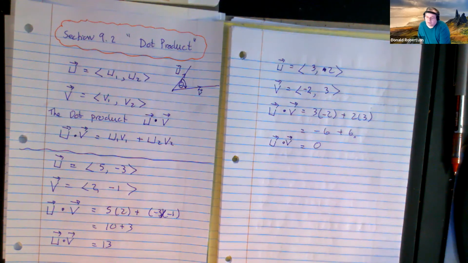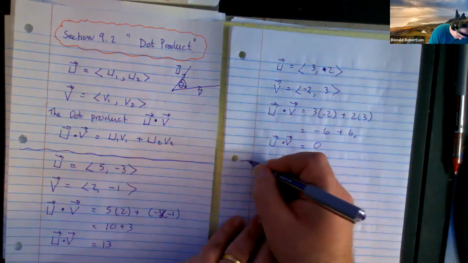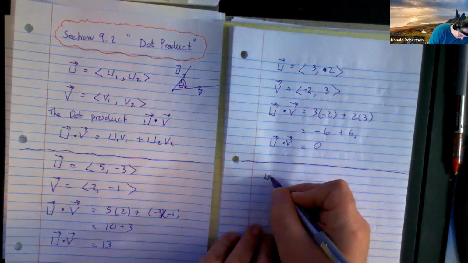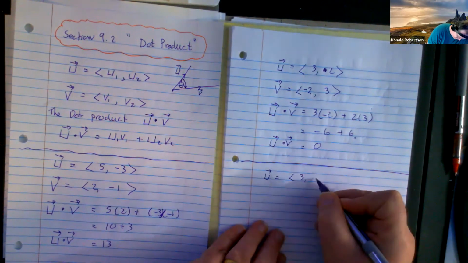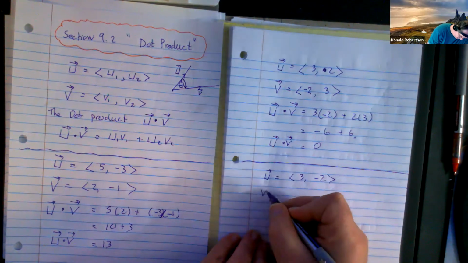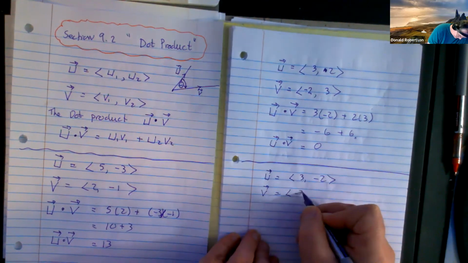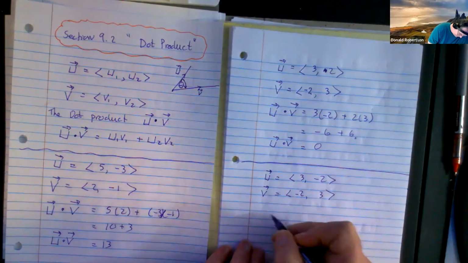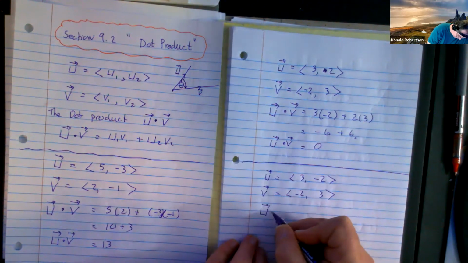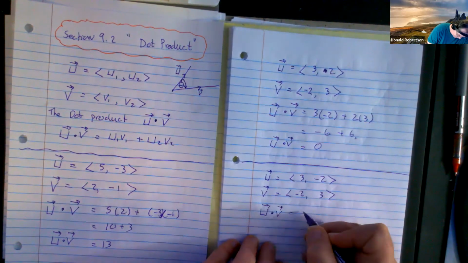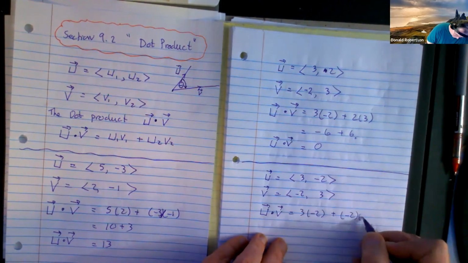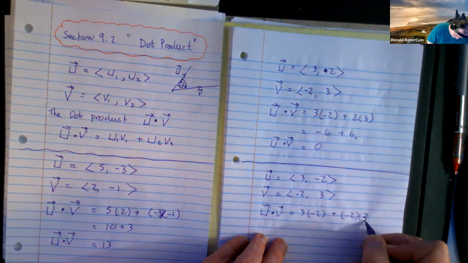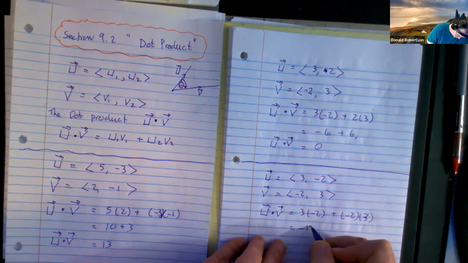So far, so good. Now, third situation. Let's make that -2, which is what I kind of wanted the first time. If I do the dot product this time, I get 3 times -2 plus -2 times 3. And the answer I get is -12.